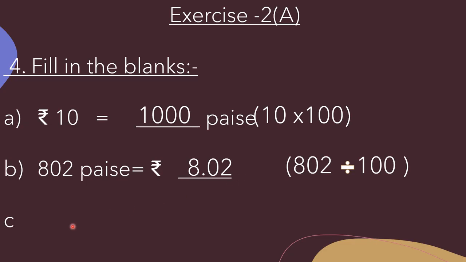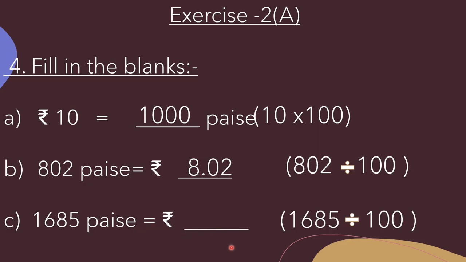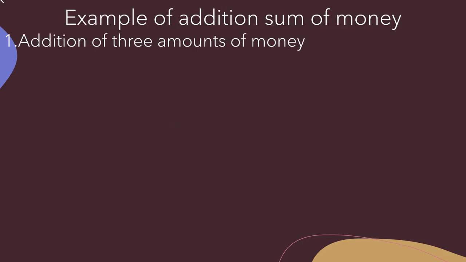Okay, now in C part, 1685 paise is equal to rupees dash. So again we have to divide. Okay, so 1685 divided by 100 is equal to rupees 16.85. Understood beta?